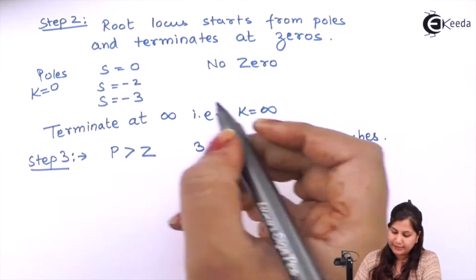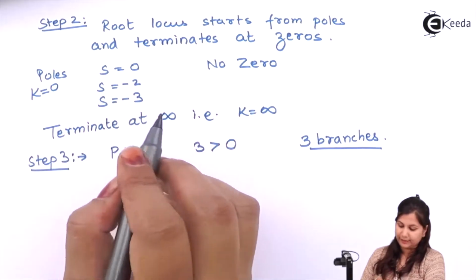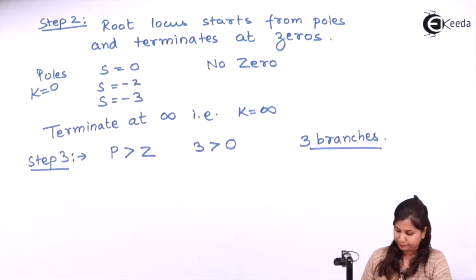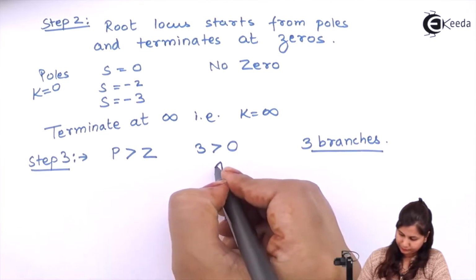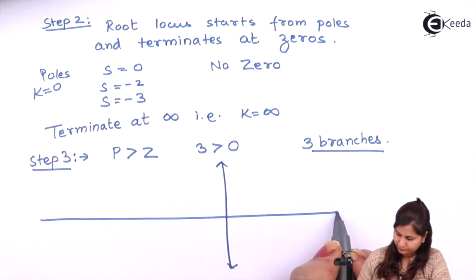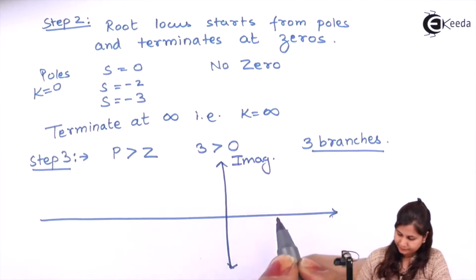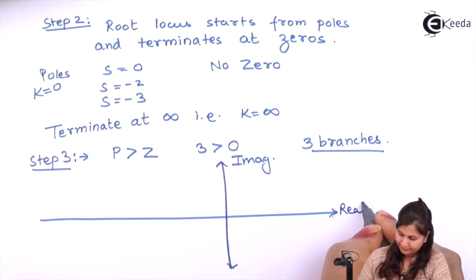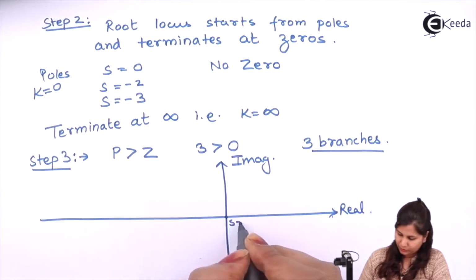Now plot the poles of the system on the s plane. This is our imaginary axis. This is the real axis. This is 0, s equals 0.